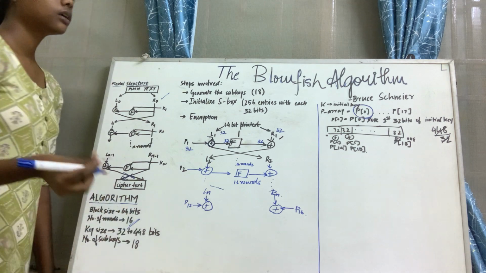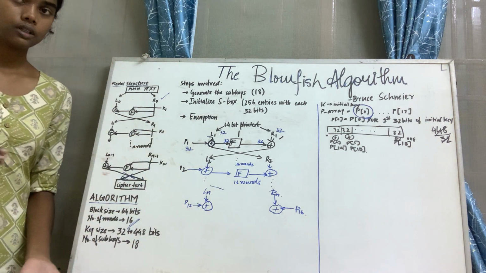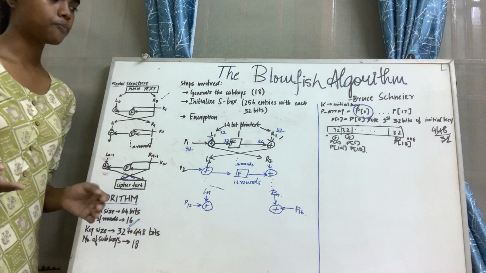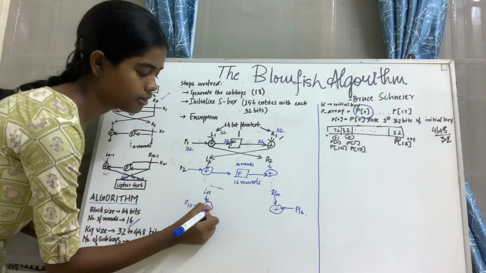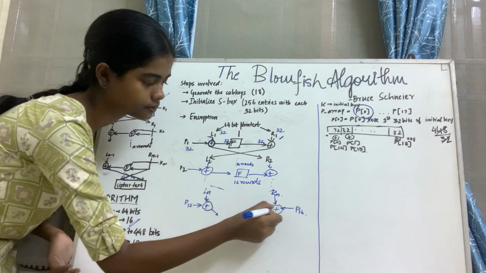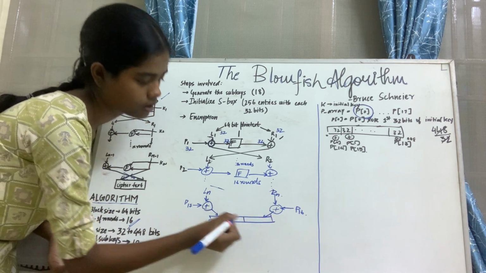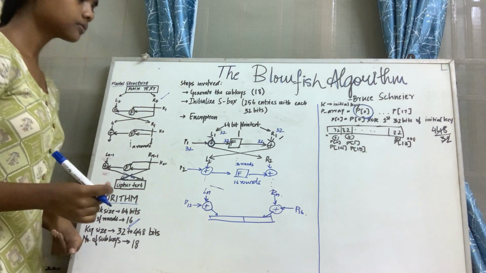So now we have used all of the 18 subkeys and we have done 16 rounds of encryption. So the final output will be the concatenation of the left plain text and the right plain text output.